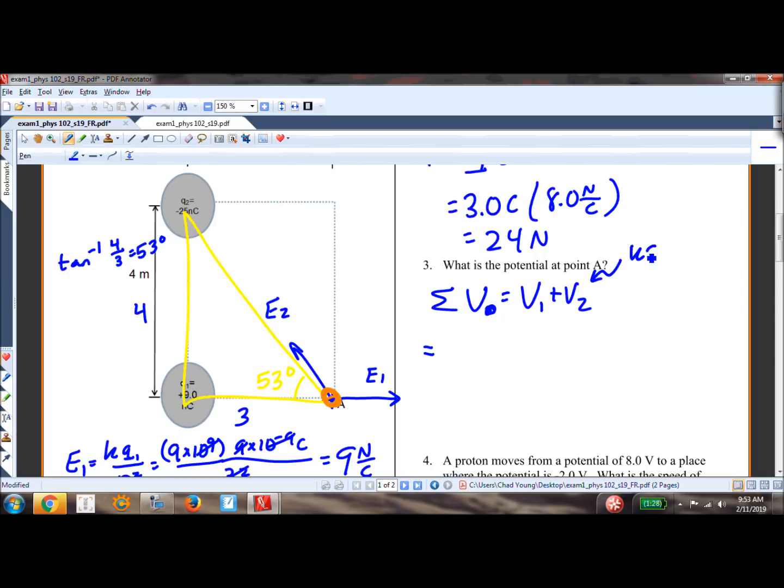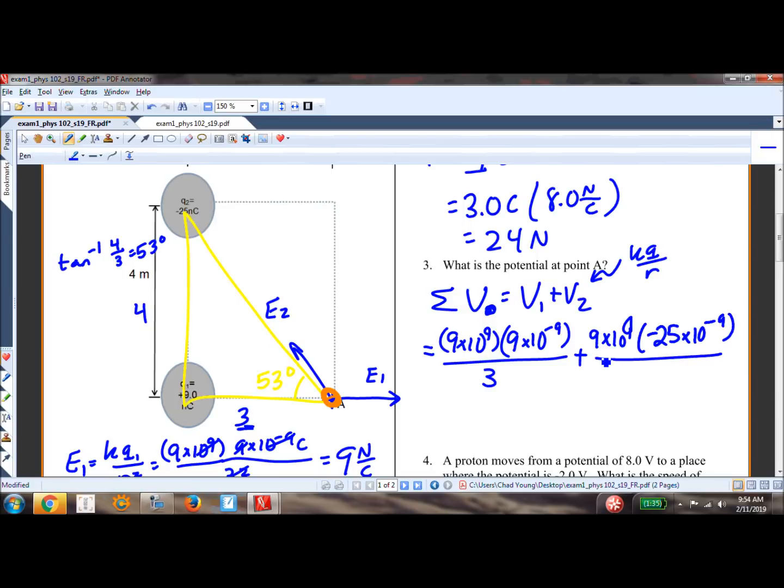V1 is 9 times 10 to the 9th, that's k, Q is 9 times 10 to the negative 9, divided by r, which for Q1 is 3, plus 9 times 10 to the 9th times negative 25 times 10 to the minus 9, divided by the distance, which is 5.